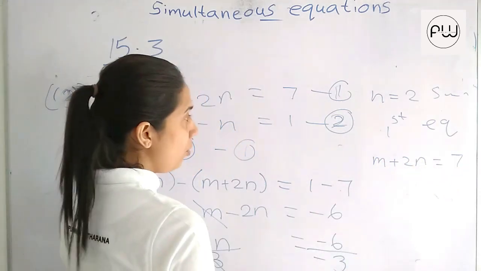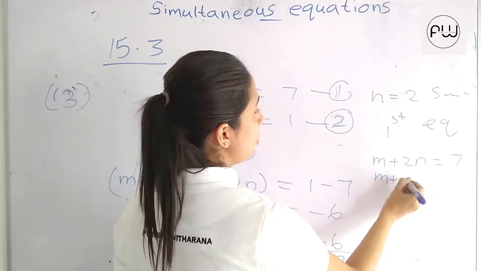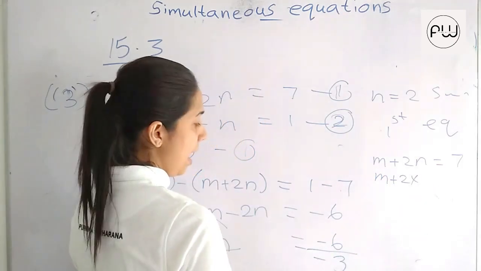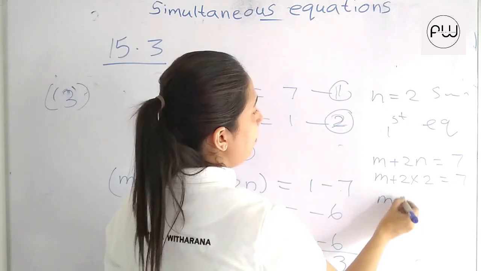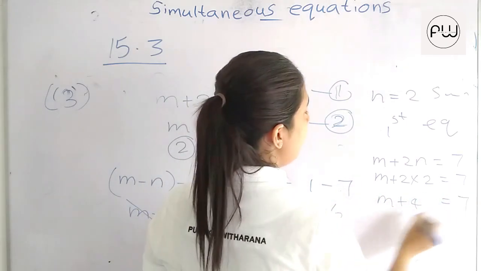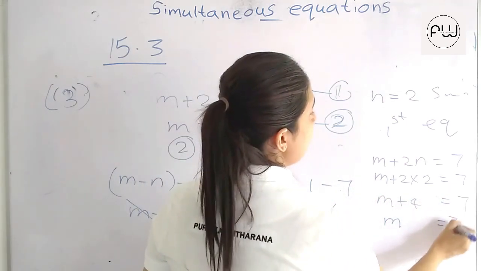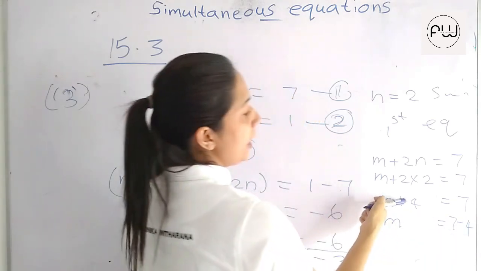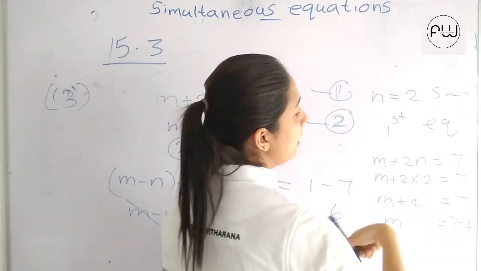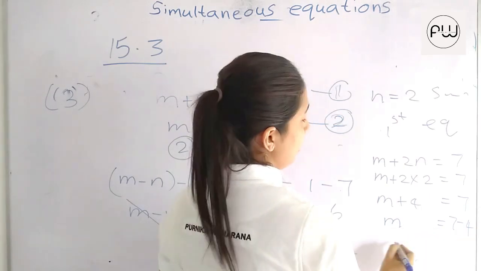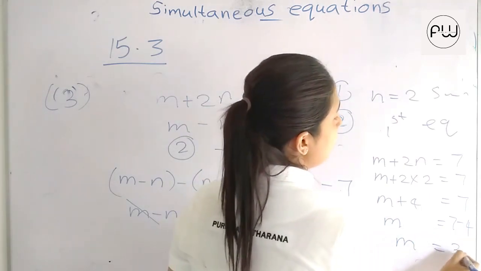We found n equal 2, so m plus 2 times 2 equals 7. m plus 4 equals 7, then we can take this plus 4 to the other side. 7 minus 4, then m equals 3.